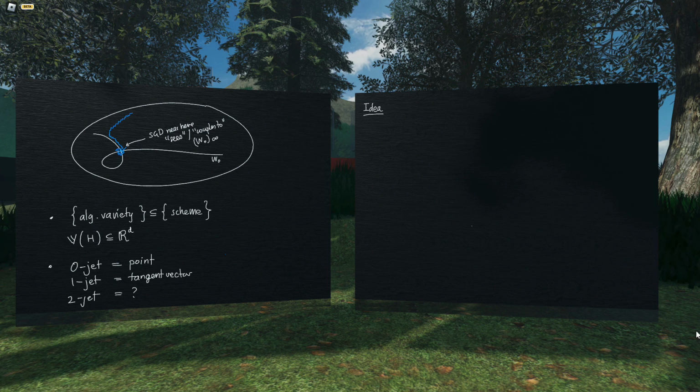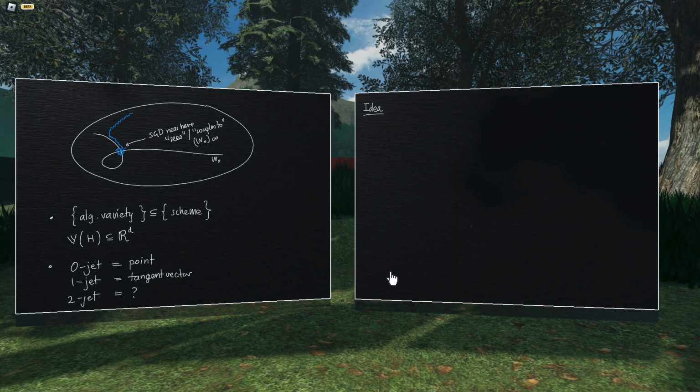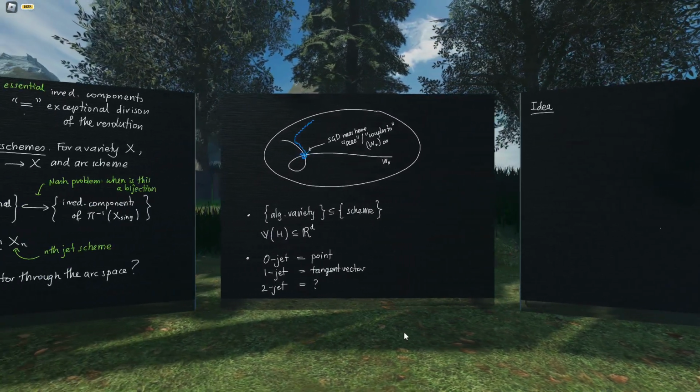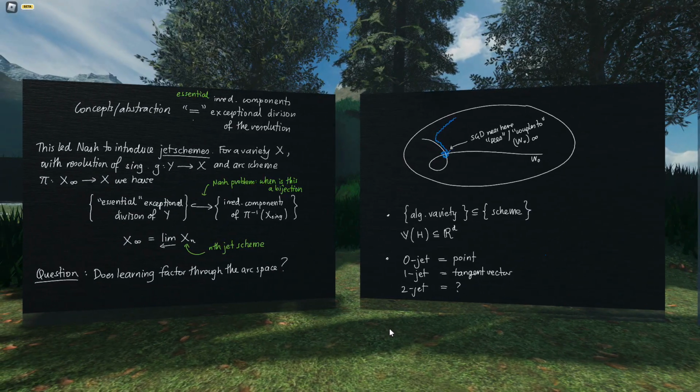Can I ask a question? Yeah. For this jet scheme here, if X is a variety, then we look at this arc space, is that you take the completion of the algebra corresponding to that variety?